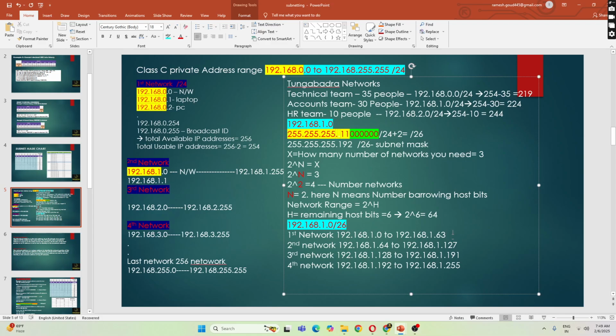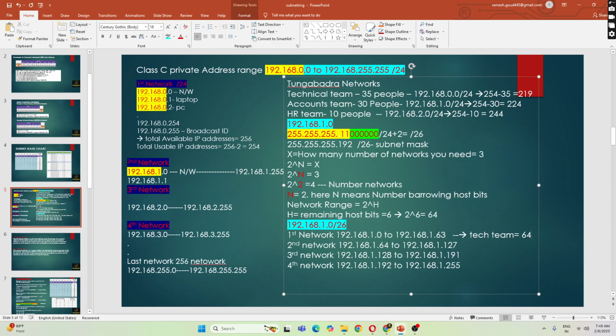Now, the first network I can assign to my technical team. So I can mention tech team here. Total how many available here? 64.